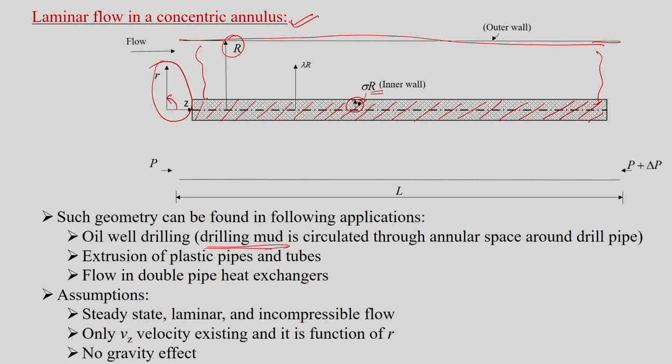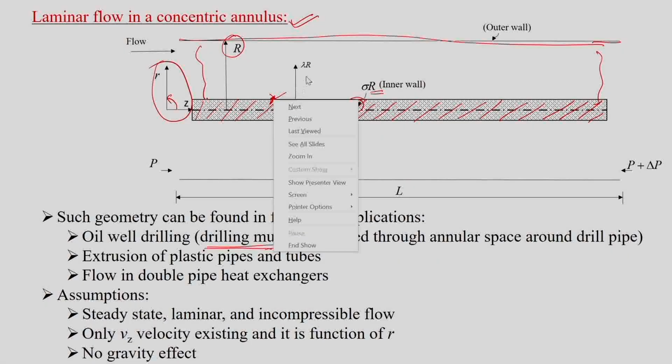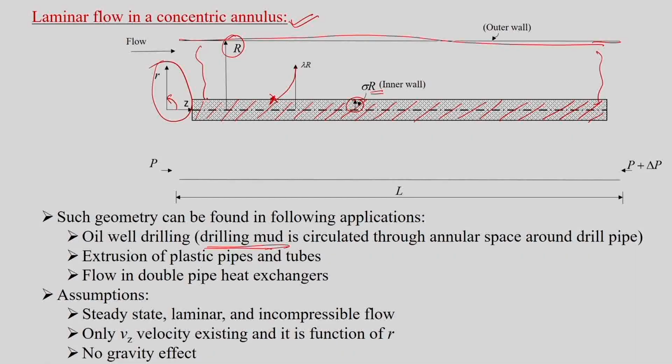Now, before solving this problem to get the velocity profile and volumetric flow rate expressions, physically we see that the flow is not inside the pipe, but outside of this pipe. Because of the no slip condition, there is zero velocity at the wall, and then the velocity increases to a certain level, and then at the other wall also the velocity is zero.